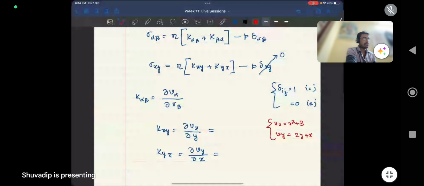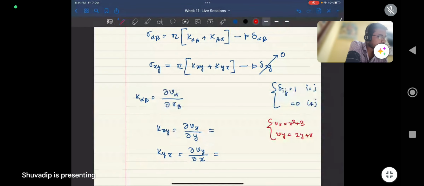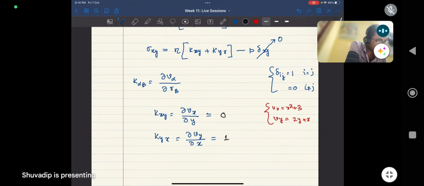From this you can calculate kxy, del Vx del y, which will be 0 because Vx is completely independent of y, and del Vy del x will be 1 because there is only x which will contribute to this derivative. So kappa yx is 1.